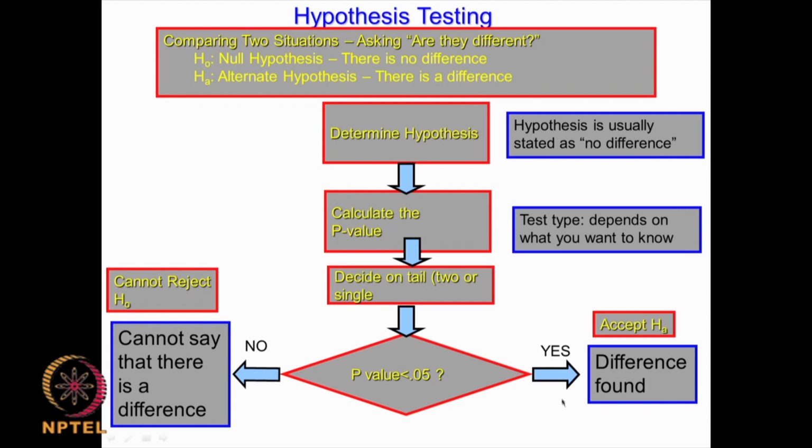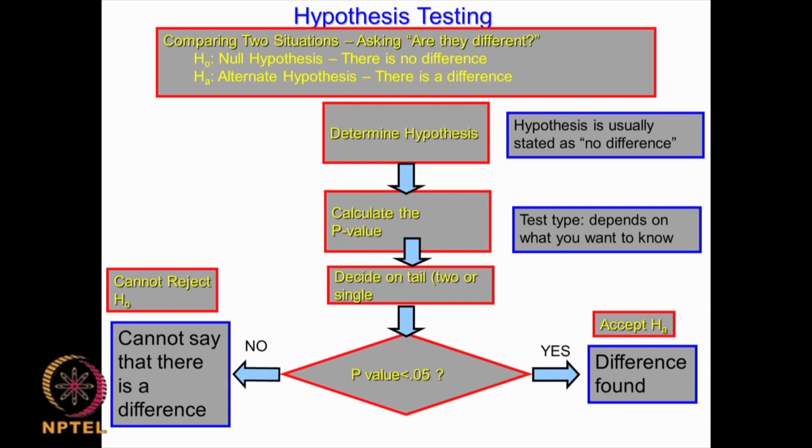Then I say whether the p value which I have calculated is less than 0.05 or more. If it is less than 0.05, obviously there is a difference, so I cannot accept the null hypothesis; I have to reject the null hypothesis, that means I have to accept the alternate hypothesis. Now, if the p value is greater than 0.05 for a 95% confidence, obviously there is no reason for me to reject the null hypothesis.